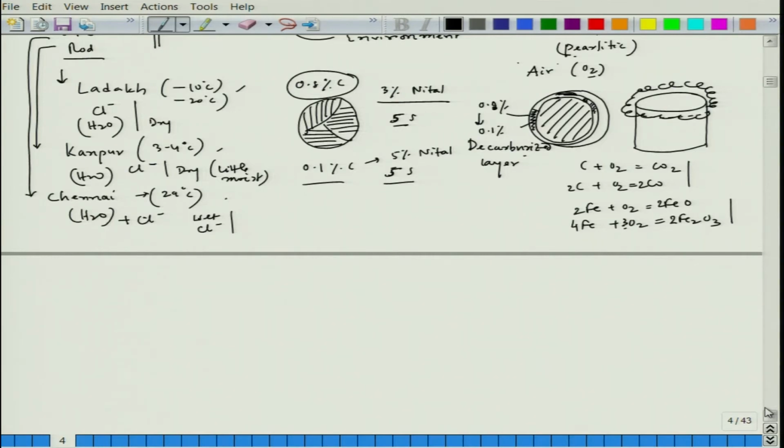Even, for example, if you see rebar on the road, just take a small piece of rebar.